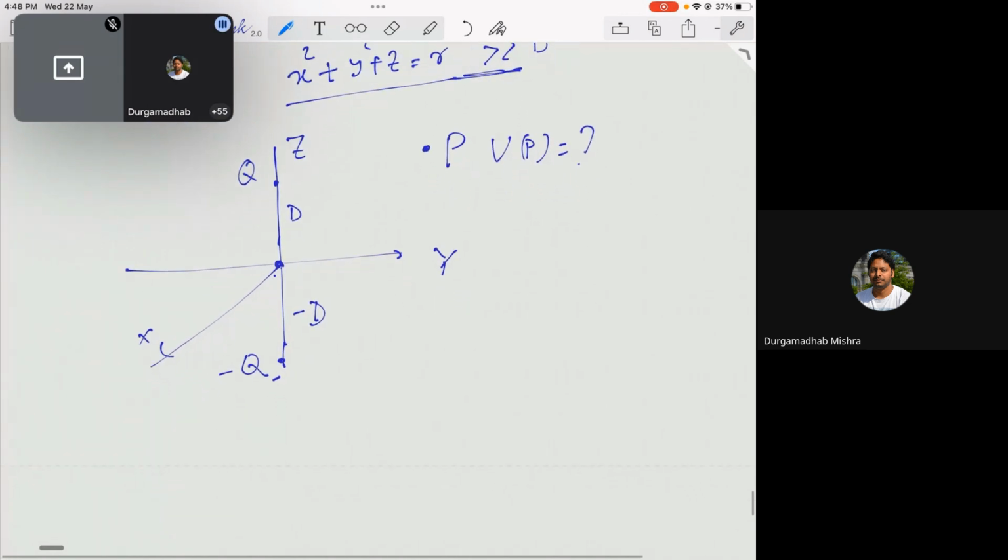Here this distance will be R1, and this is R2.